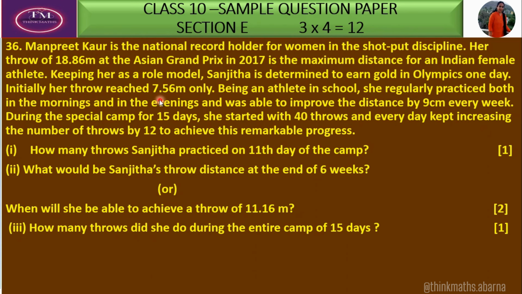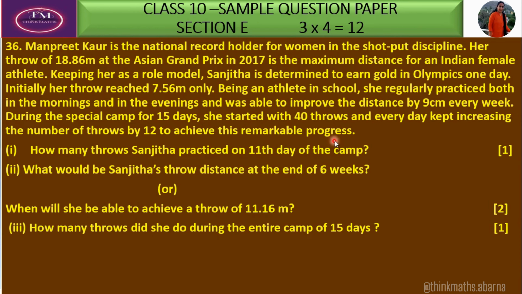Initially, her throw reached 7.56 meters only. Being an athlete in school, she regularly practiced both in the mornings and the evenings and was able to improve the distance by 9 centimeters every week. During the special camp for 15 days, she started with 40 throws and every day kept increasing the number of throws by 12 to achieve this remarkable progress.